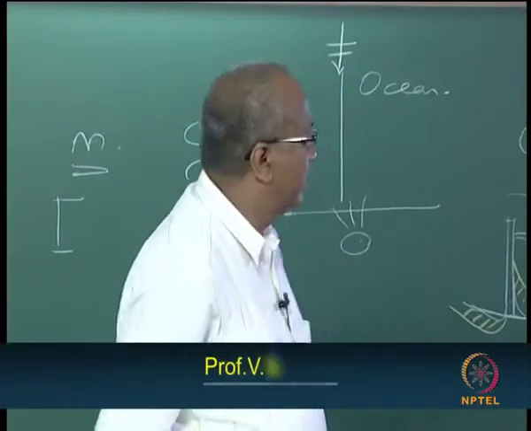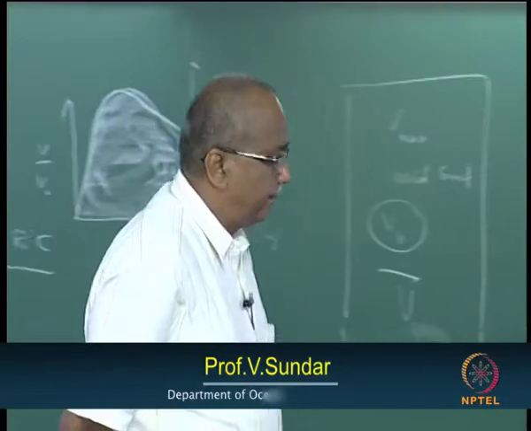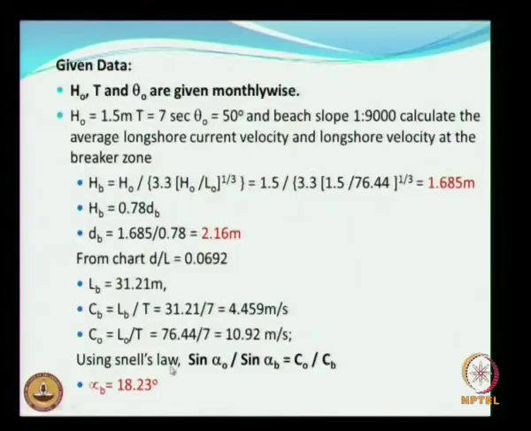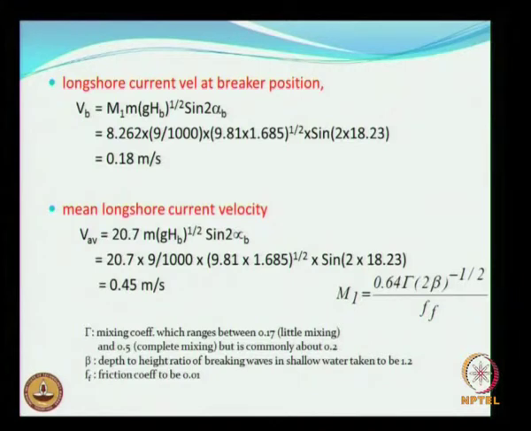Clear? Okay. Then once that is known, you can calculate the breaker velocity and, using Snell's law, get the breaker angle. All these things have already been seen earlier. Now the longshore current velocity at the breaker zone is given as shown here, where m1 is the beach slope, which is 9 by 1000.